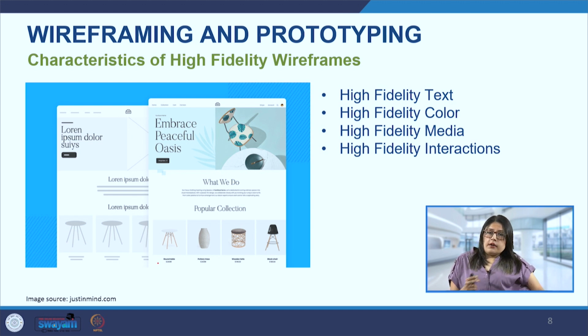So this connection will be seamless, and if there is any other interaction with the user, for example some animation that will come up by pressing a button, then in the high fidelity wireframe we will see that animation take place, or maybe the waiting wheel will go around.